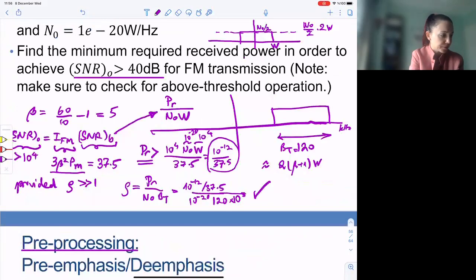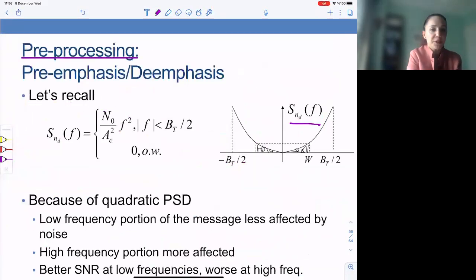Okay. So last time we said there is a problem in FM where the noise at high frequencies is amplified. So when you think about the additive noise component at the output of the FM detector, demodulator, the additive noise has a PSD that looks like a quadratic.